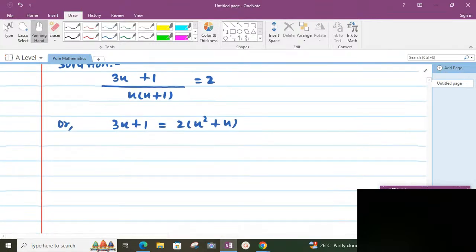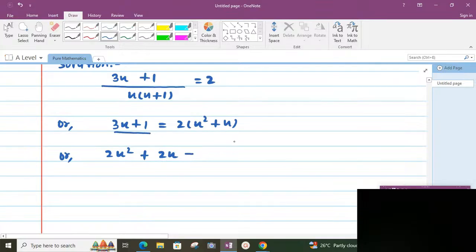Here will be 2x square plus 2x, minus, when this one move in the right hand side, then we get minus 3x minus 1 equal to 0. Hope that there is no problem to understand up to this step.